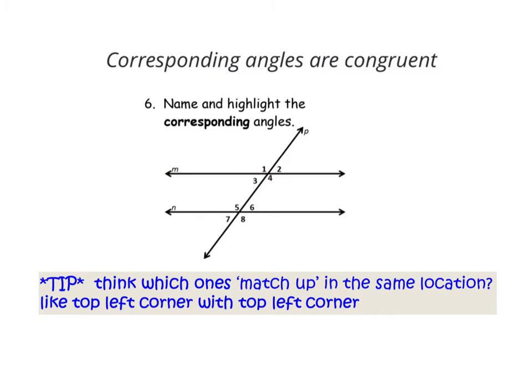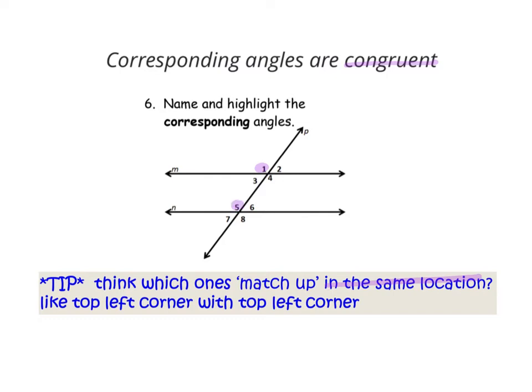Our next set of angles are corresponding angles, and corresponding angles are going to be congruent. So corresponding simply means that they are going to be in the same location. So for example, top left corner with top left corner. So if I look at angle 1, because that's in the top left of parallel line M, then I'm looking for the same angle on line N, which would be angle 5.